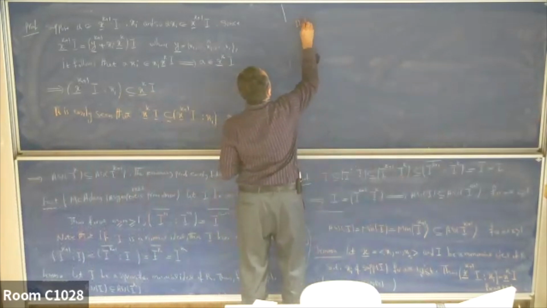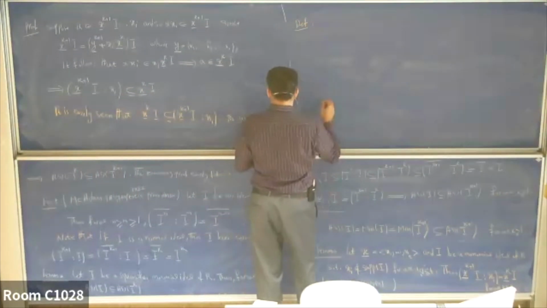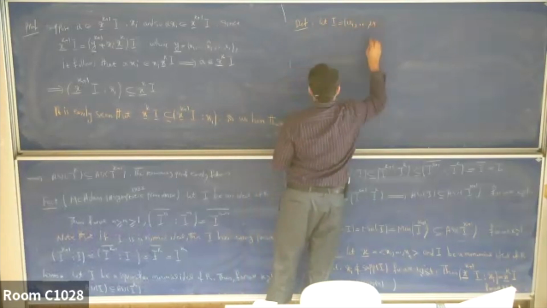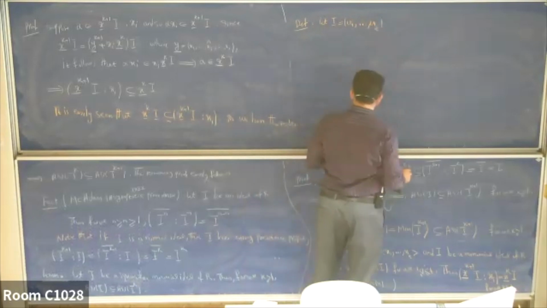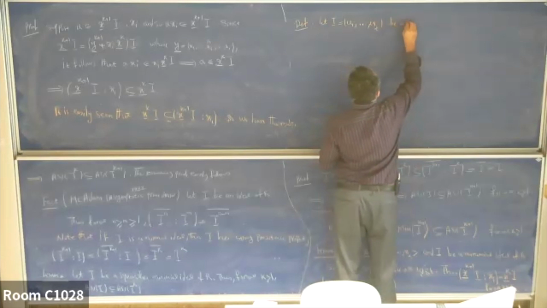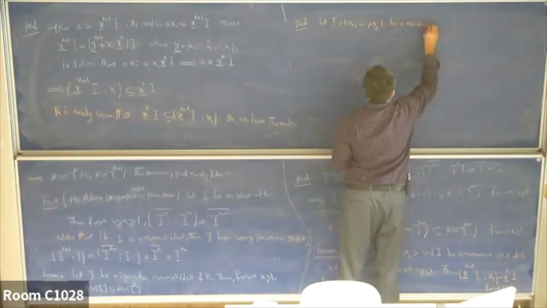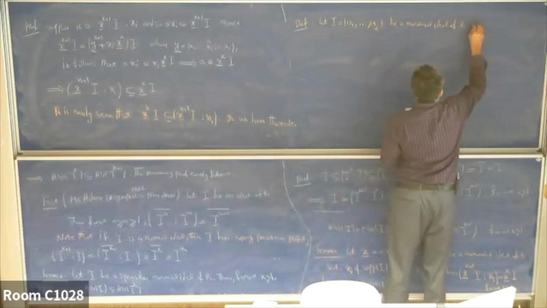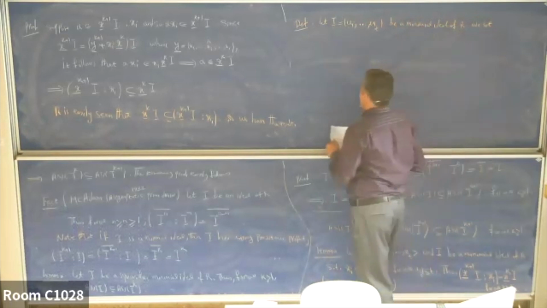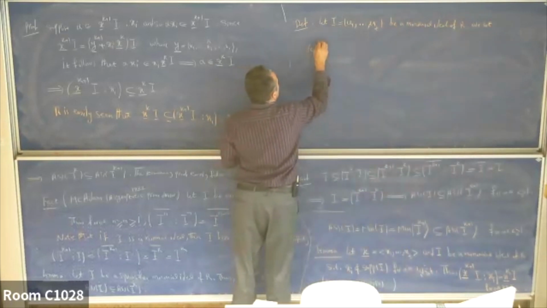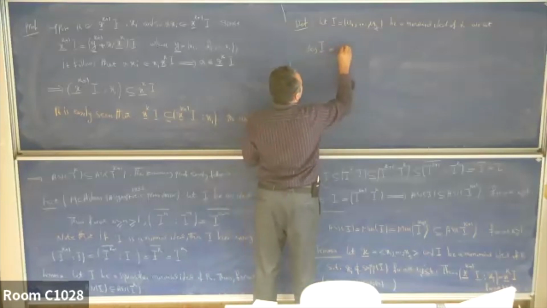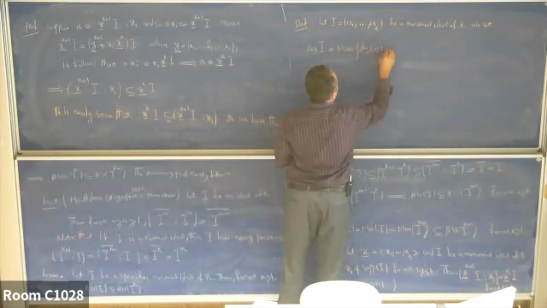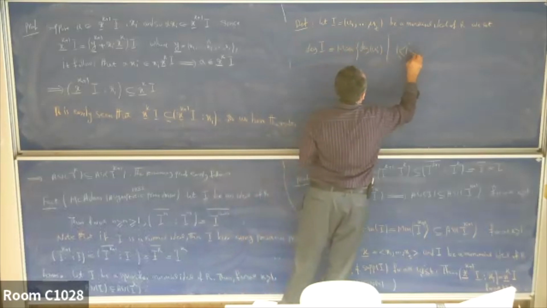Definition. Let I = (u1, ..., ut) be a monomial ideal of R. We set degree I to mean the maximum of the degrees of ui such that i is between 1 and t.